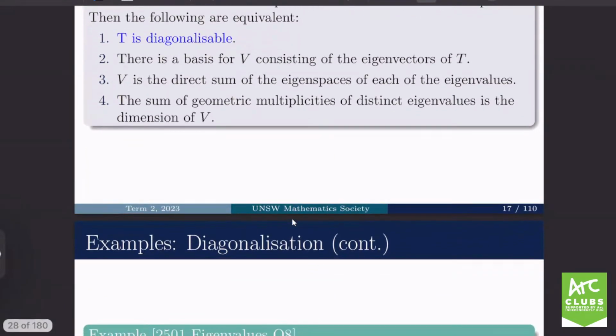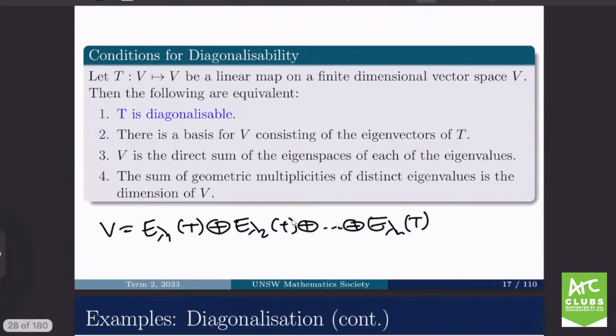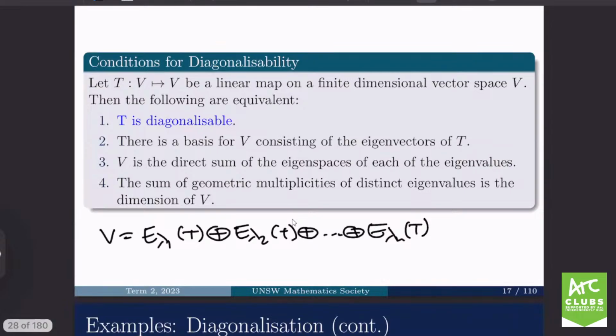So what that is telling us is that V equals E lambda 1 of T plus, that's the direct sum, and so forth up to the nth eigenspace, right? Keep in mind that if it's an n-dimensional vector space, it doesn't need n eigenspaces, right?